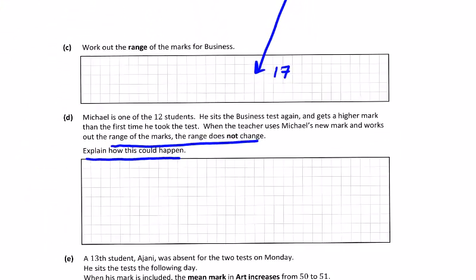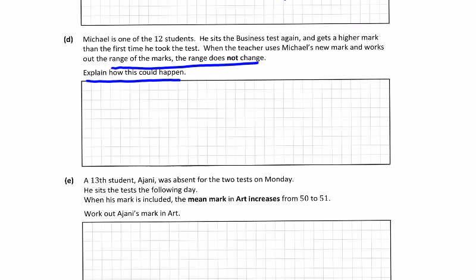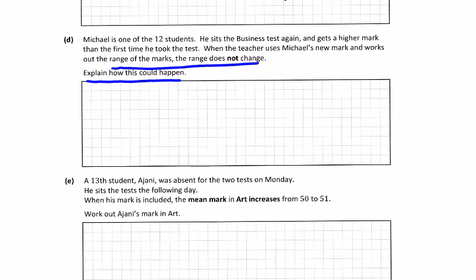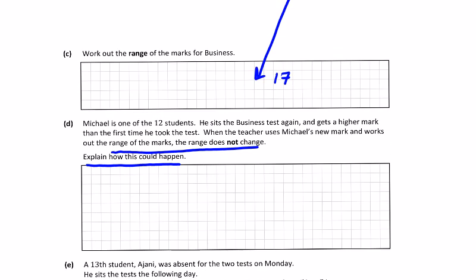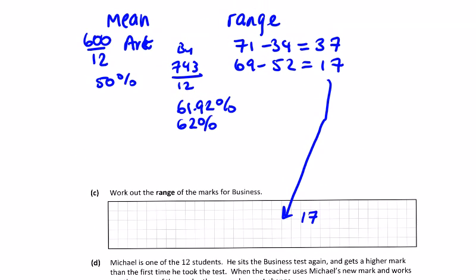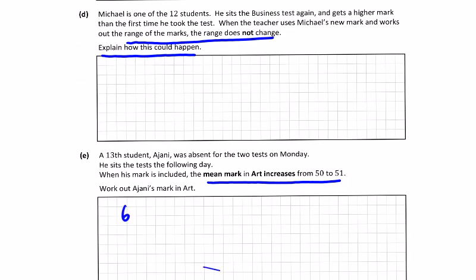Fairly straightforward. And a 13th student, Johnny, was absent for the two tests. He sits the test the following day, and when his mark is included, the mean in art increases from 50 to 51. So in art, we had 600 over 12, which was the 50. Now we don't know what the total is.